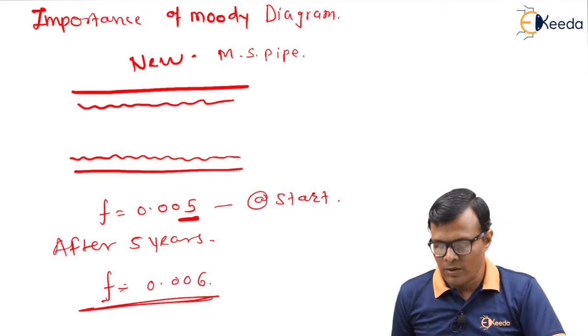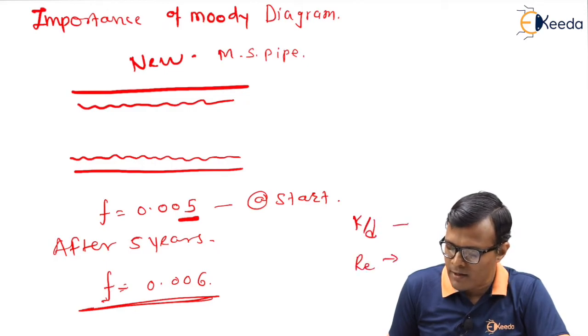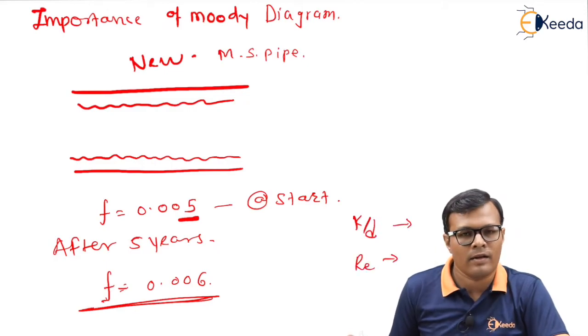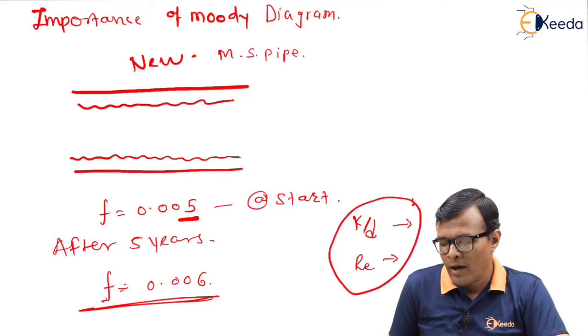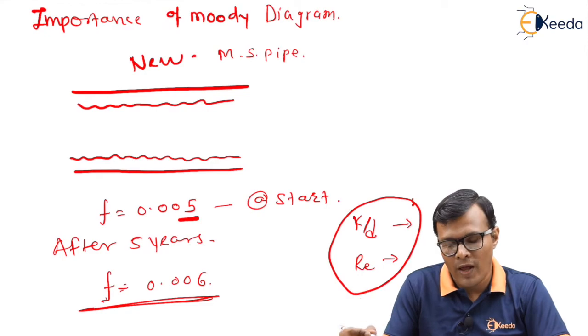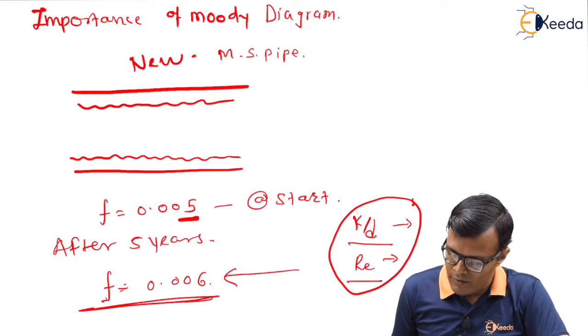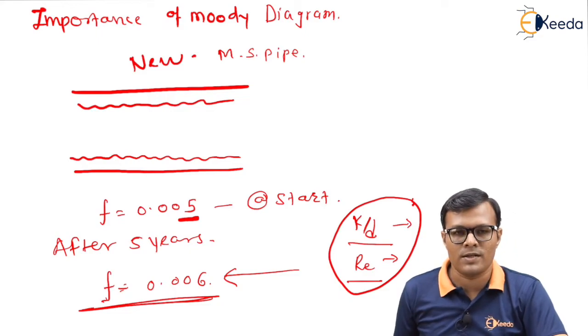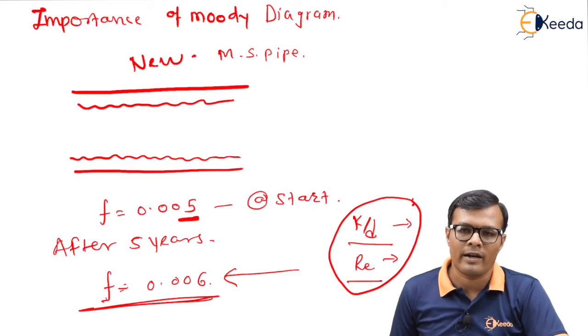The factors k upon d and Re are calculated easily, so we generally use the Moody diagram, and with the corresponding new values of k upon d and Re, we will have the new value of f, that is 0.006, in a very simple manner. So this is the application in industry for Moody diagrams.